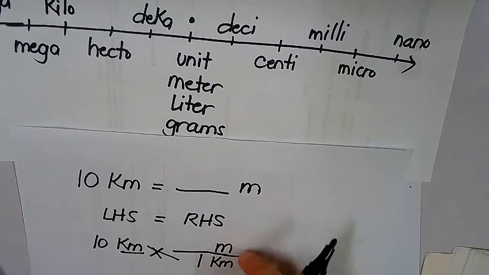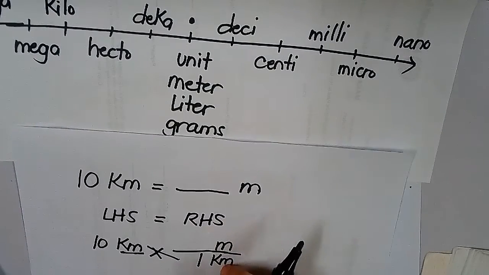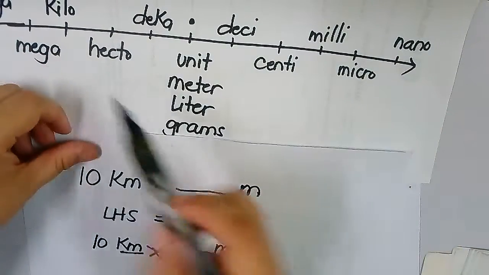Now, we have to know how many meters are in one kilometer by moving the decimal.